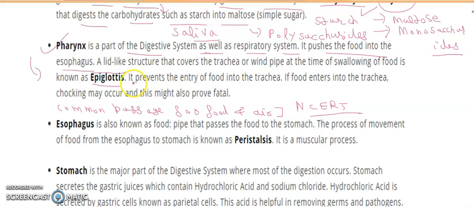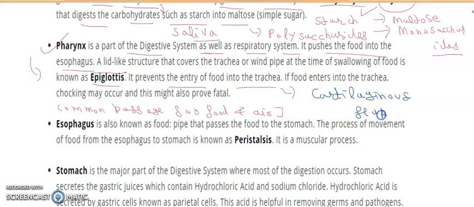What is epiglottis? It is a cartilaginous flap, which means it is made up of cartilage. This NCERT point is very important. The epiglottis is a cartilaginous flap, and it prevents the entry of food into the trachea. Very important point.